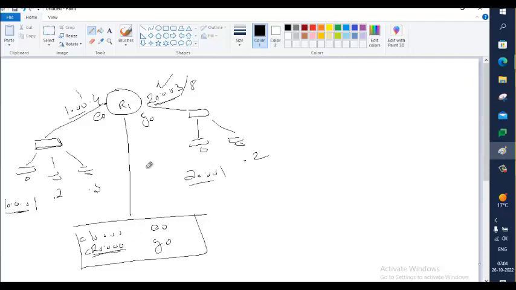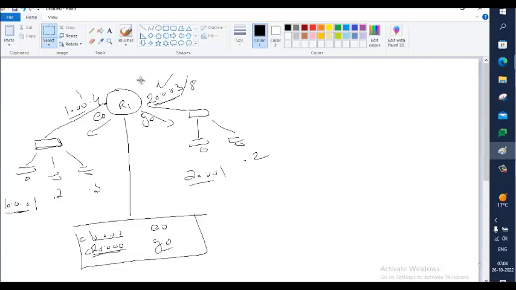The 20 network is on G0 this side. The 10 network is on E0 this side. So here we got the routing table with no routing protocols' help, because they are directly connected networks. There is no need for any routing protocol.